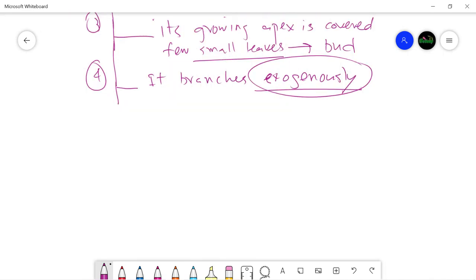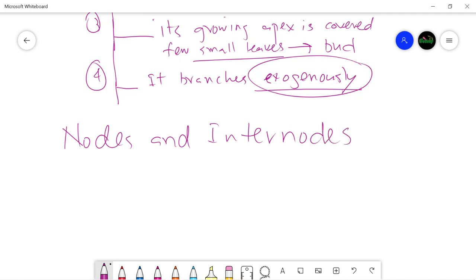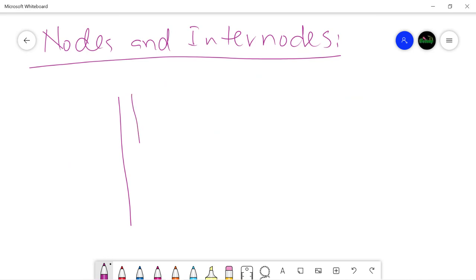Now a short introduction to what we call nodes and internodes. We have already seen these terms in the very first, introductory chapter, parts of an angiosperm plant. So this is a stem, and a part or point on the stem from which a leaf arises is known as the node.